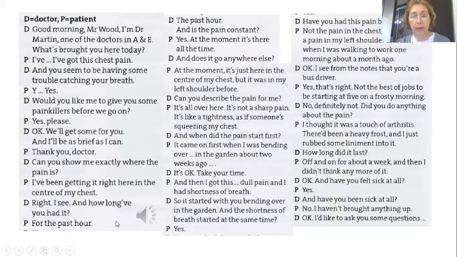Now we are going to listen for the second time and look at the script just to understand it better, and then we'll discuss.